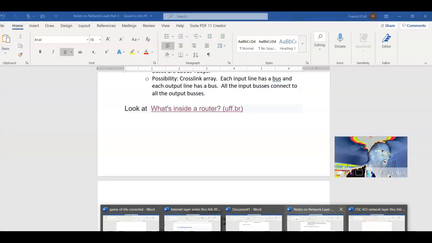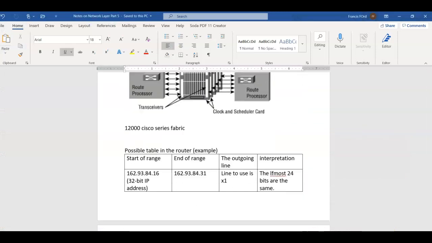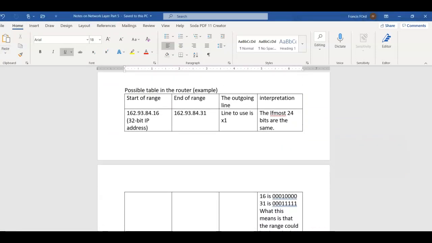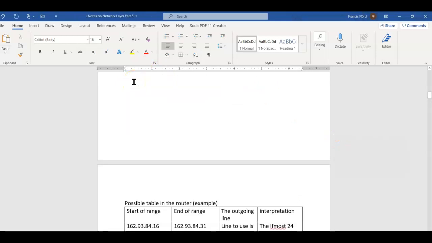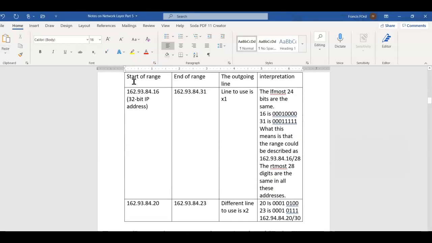Now, back to where I was, right here. One thing to think about is, what does the router table look like? And I think I'm going to fix it so this starts on a new page. Now, if you look at this, we have ranges in the router table. So anything that comes in from 162.93.84.16 to 162.93.84.31 goes out on line 1.